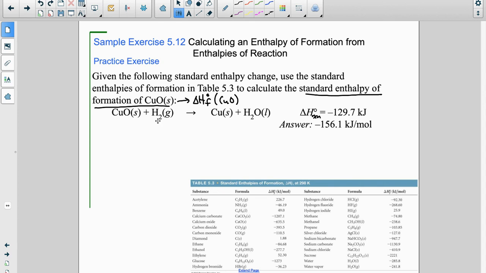So let's set up our equation just like before. Delta H reaction is equal to the sum of the heats of formation of the products minus the sum of the heats of formation of the reactants. So plugging in here for our products, we have copper solid.